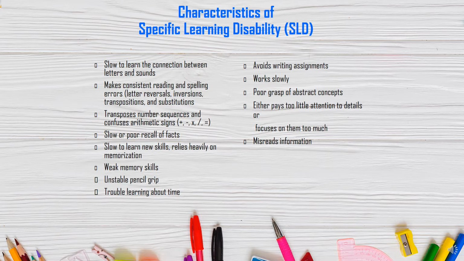Many students with a specific learning disability are slow to remember facts and learn new skills. As a result, they rely heavily on memorization. Although they rely heavily on memorization, they often display weak memory skills.